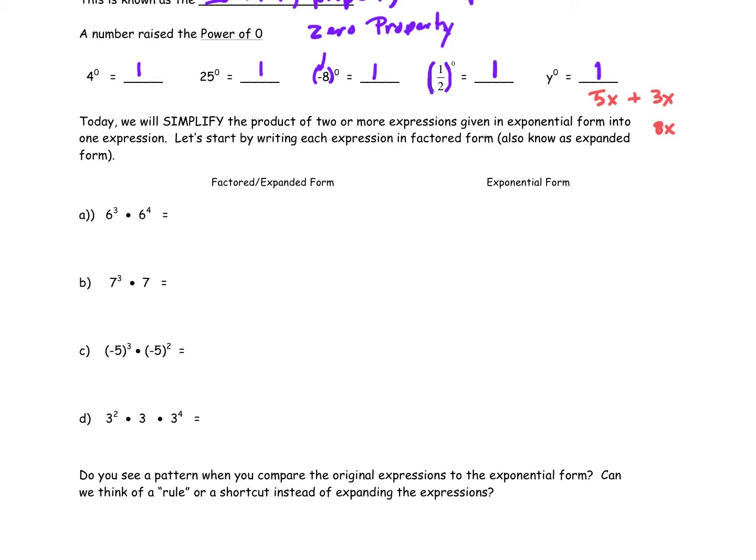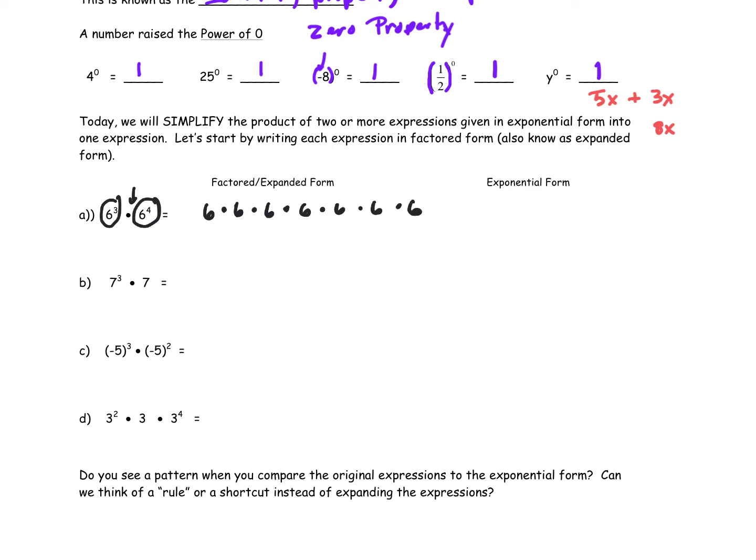We practiced this the other day. If we look at this first number in exponential form, 6 to the third power means 6 times 6 times 6. Then we see another multiplication sign, and the second expression is 6 to the fourth power, so that'd be 6 times 6 times 6 times 6.